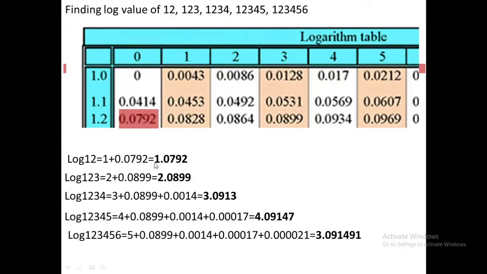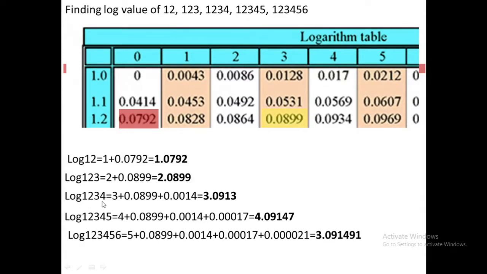Therefore log 12 will be 1.0792. For log 123, first you write 2 plus, then the 12 row value at column 3, which shows 0.0899. So the final value will be 2.0899.